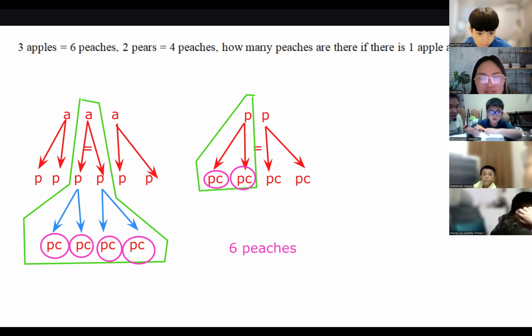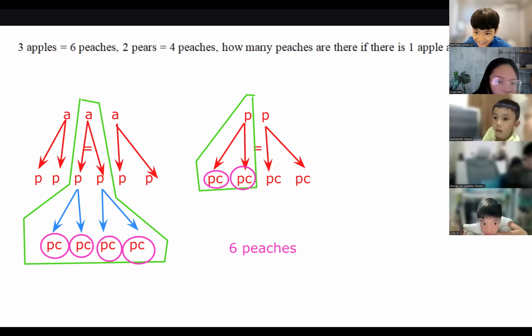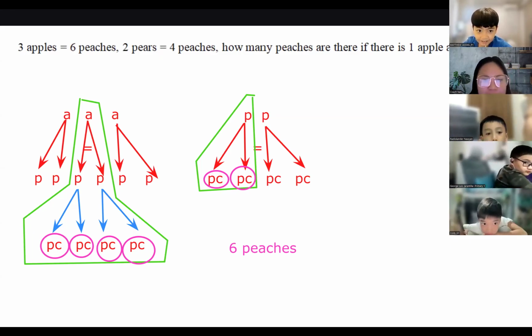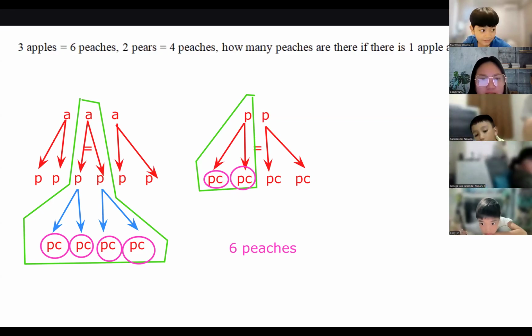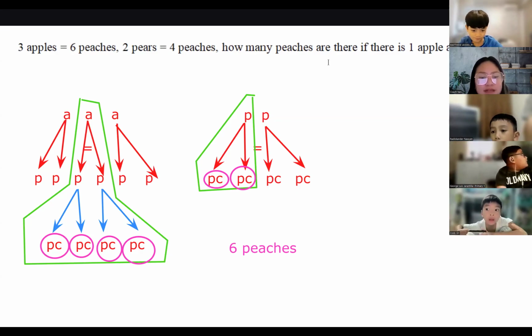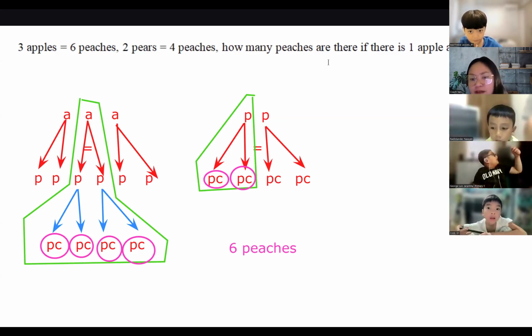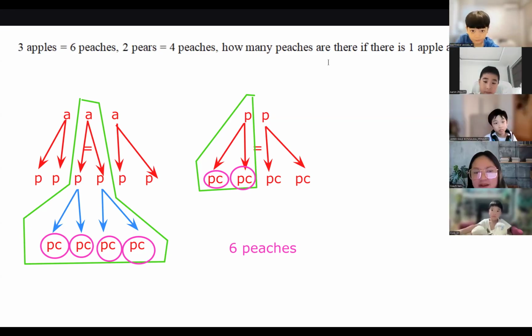Matthew, you have a question? Why are there 3 on this? What do you mean 3? This, the apple? In the question. Oh, it doesn't say 3 in your class marker? There are 3 too.